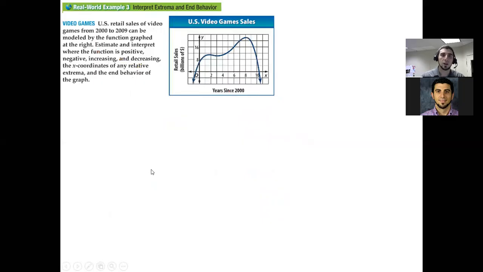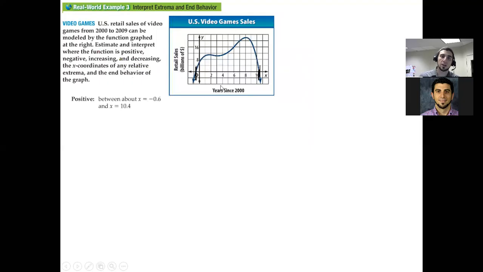All right, so let's first talk about positive and negative. It's positive from right here to right here. So you just look on the x-axis, where is this? This is at about negative 0.6, and this is at about a little bit past 10, not quite halfway between 10 and 11, so we're going to go 10.4.